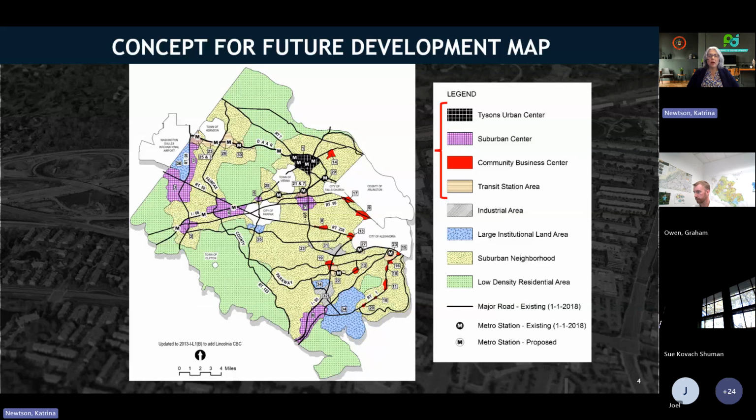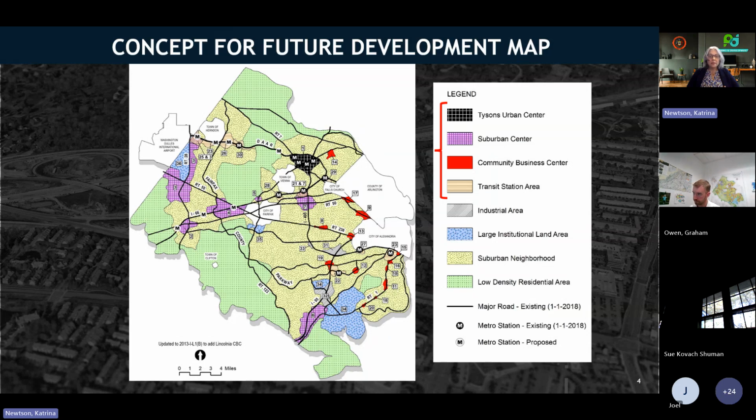The map before you is the concept for future development, and this map is part of the comprehensive plan and is used to describe at a high level the location and character of future land use. This map provides a general guide and framework for identifying the various types of development that are either existing or are encouraged to grow and develop throughout the county over the long term.